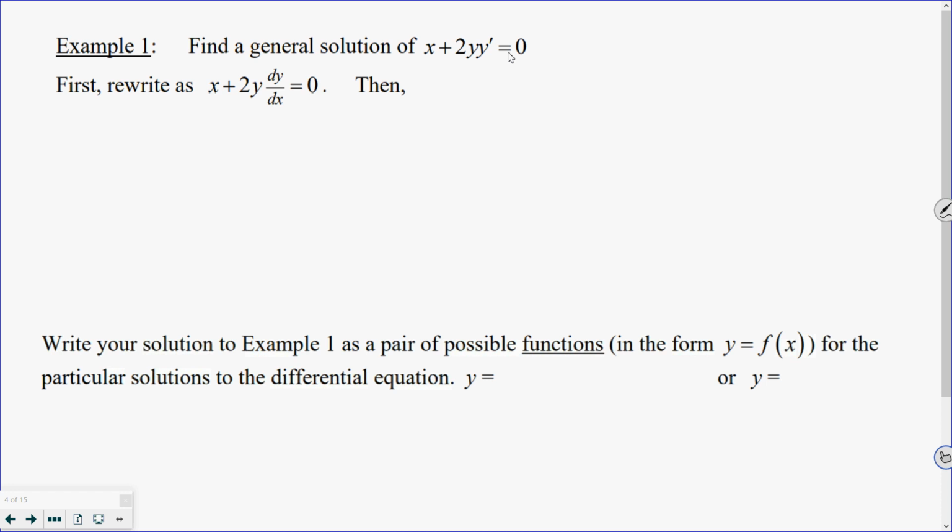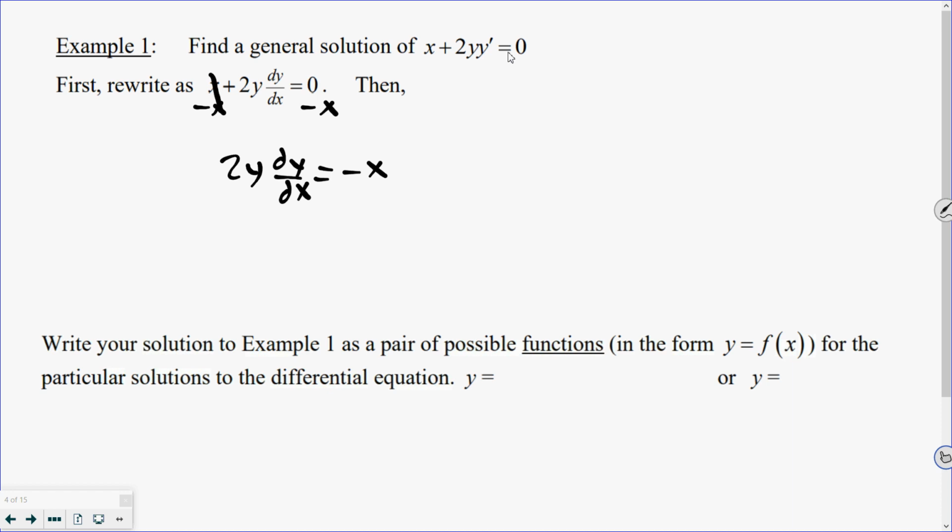The next step is I want to get the x's on one side with the dx and the y's on the other side with the dy. So I'm going to subtract that x over to the opposite side. Now I have 2y dy/dx equals negative x.